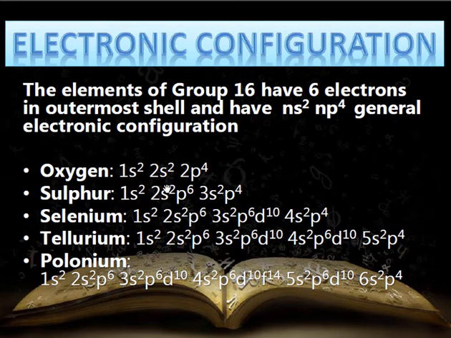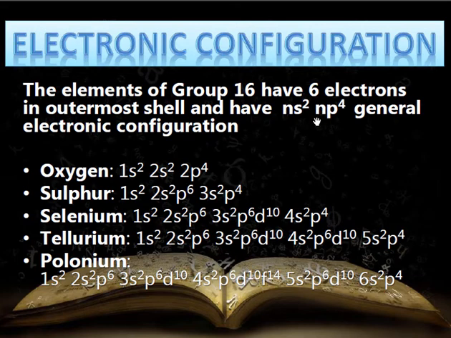In the last shell, 2s2 and 2p4, the number of valence electrons is 4 plus 2, 6. It is satisfied: valence electrons are 6.